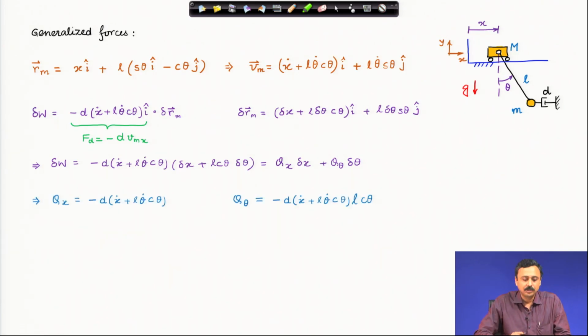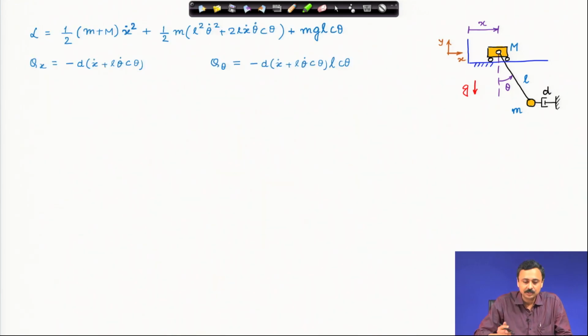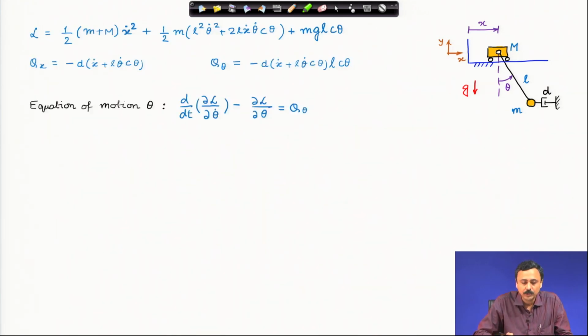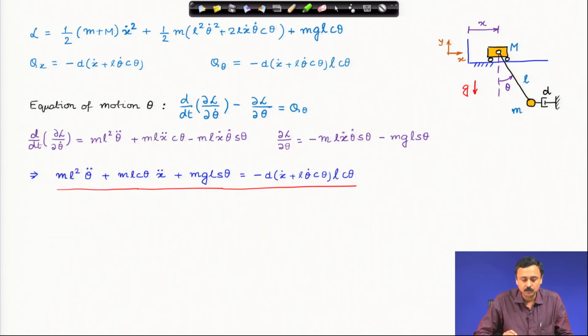And I can read out this capital Q x and capital Q theta, and just recall what our equations of motion were. The Lagrange's equation, the left hand side structure by now should be familiar. On the right hand side we have capital Q theta, and if you do all those standard steps, you will get the equation on the right hand side, which is the new term, capital Q theta.